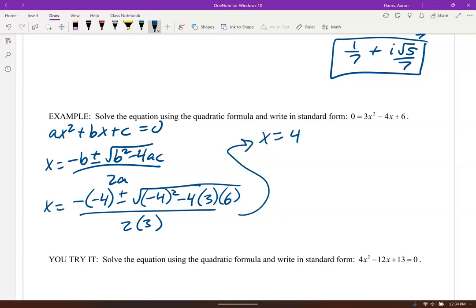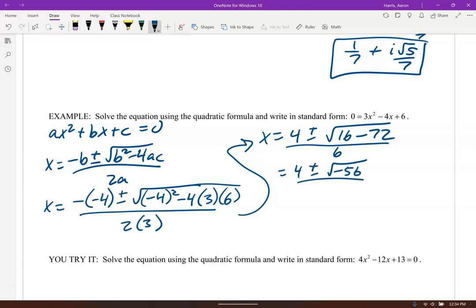So this becomes 4 plus or minus the square root of negative 4 squared, that's 16, minus 12 times 6, that's 72. So 16 minus 72 is a negative 56 all over 6. Well, we can do this now because we have imaginary numbers. So negative 1 times 56 goes into 4 and 14.